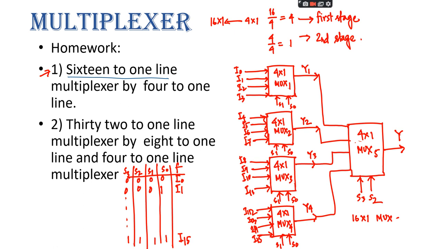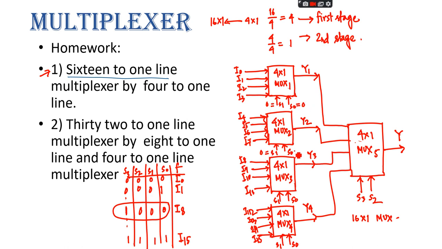Suppose I am just considering one case, 1000. That means the output should be I8, right? So for this combination, what is the value for S1 and S0? 0, 0, right? So this should become 0, this should become 0.